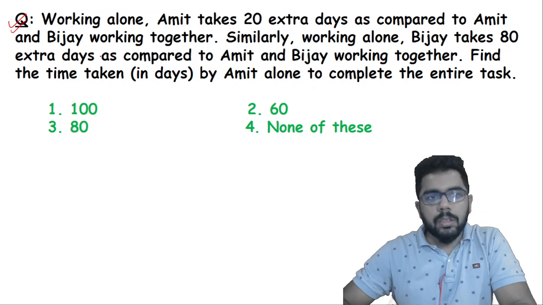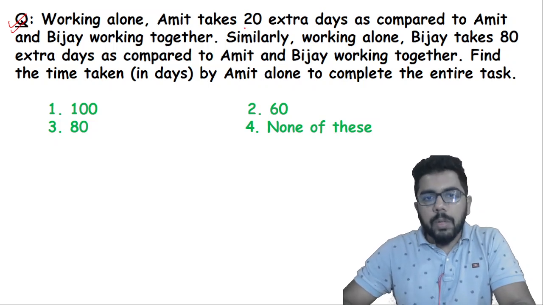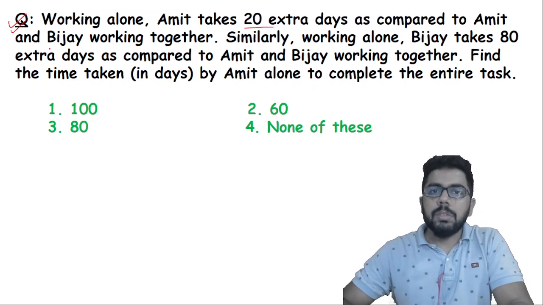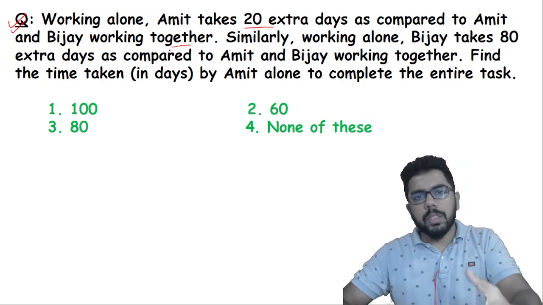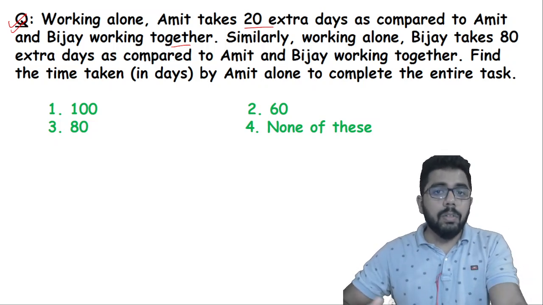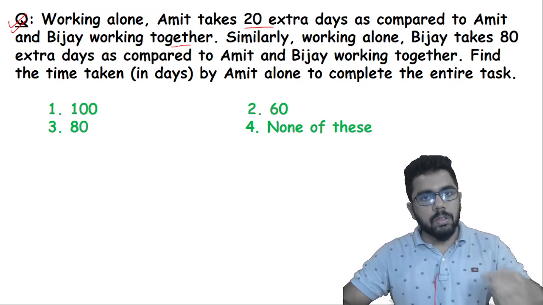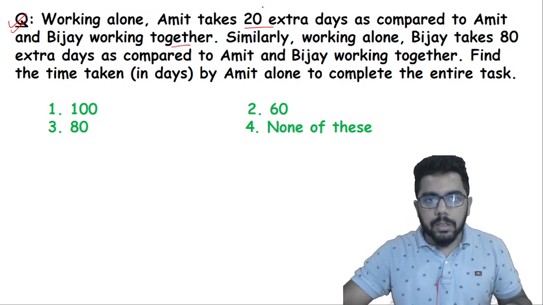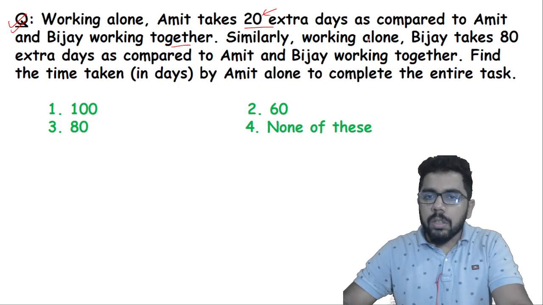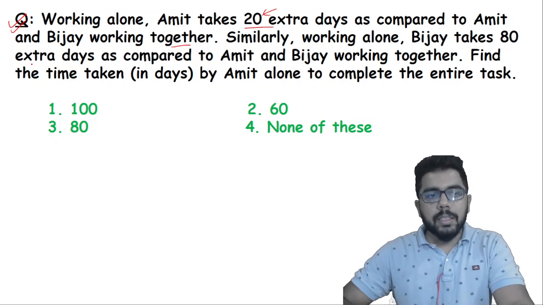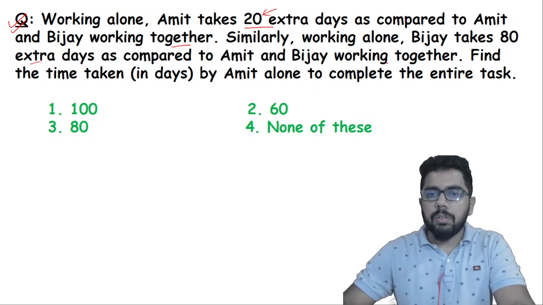If you look at this, working alone, Amit takes 20 extra days as compared to Amit and Vijay working together. So obviously, if Amit and Vijay are working together, they will do more work and complete the work sooner. But if Amit is alone, only working on the task, he is taking 20 extra days. Similarly, working alone, Vijay will take 80 extra days as compared to Amit and Vijay working together.